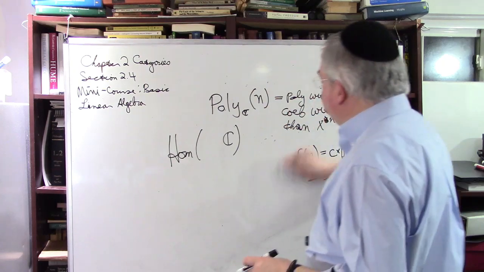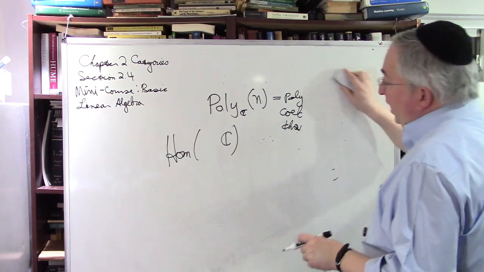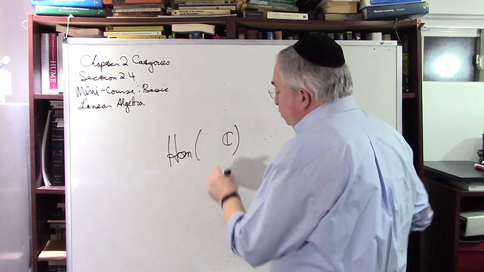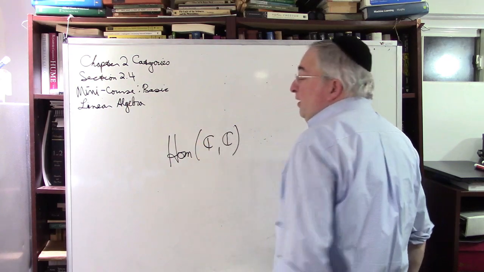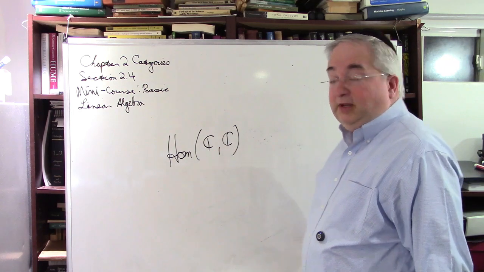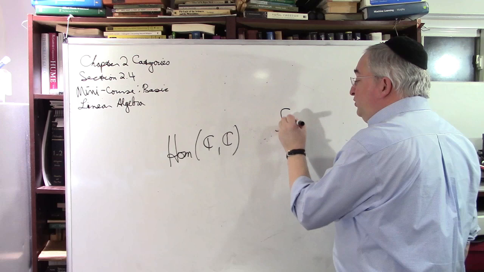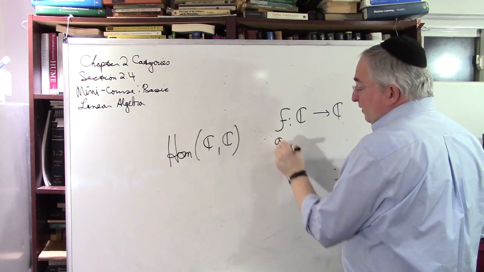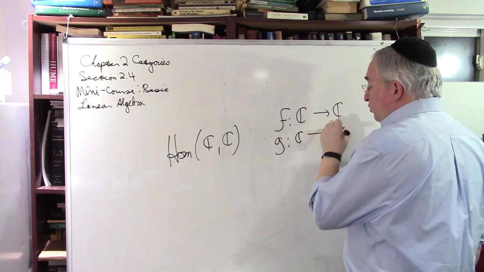Let me just show you what's going to arise in the rest of this course. You can talk about functions from the complex numbers to the complex numbers. And so again, the vectors here will be a function like this. If you have two such functions, you can add them.